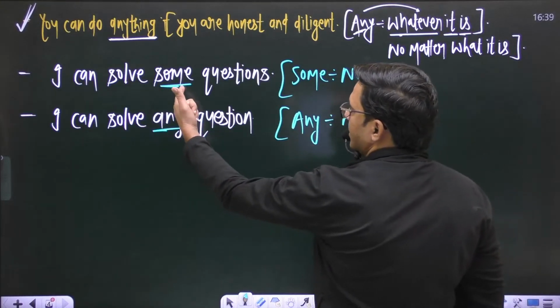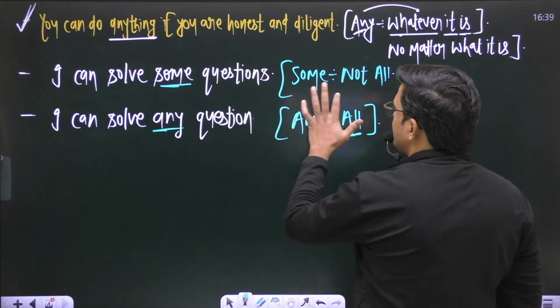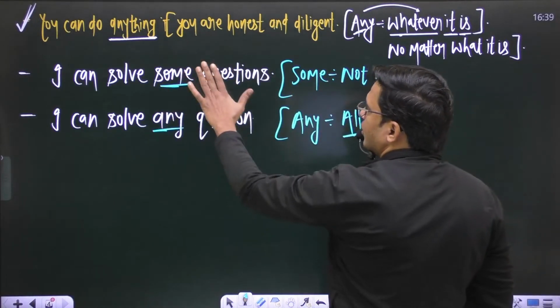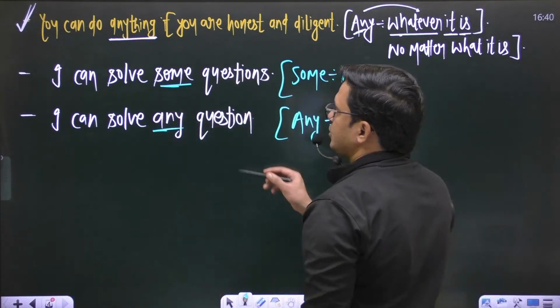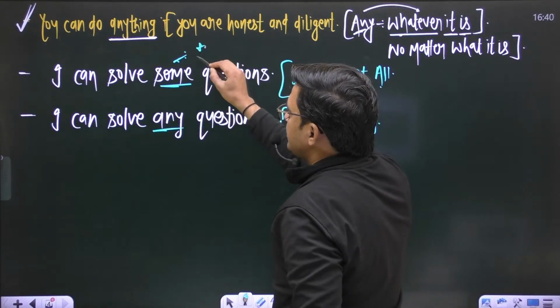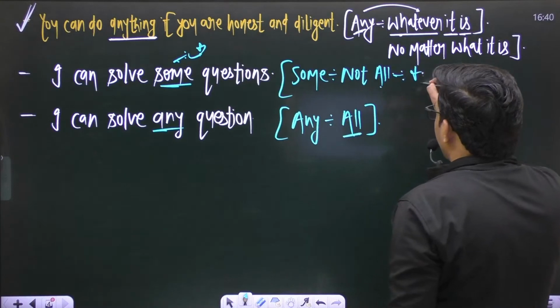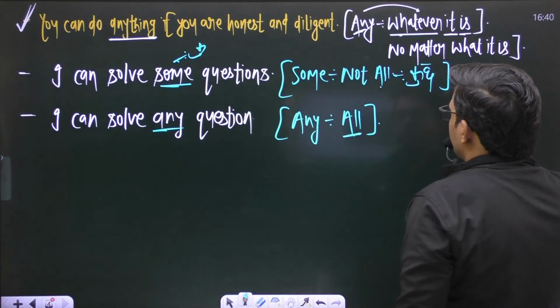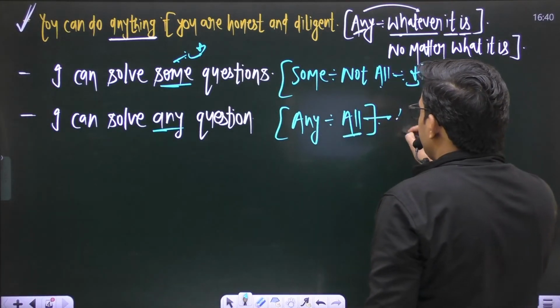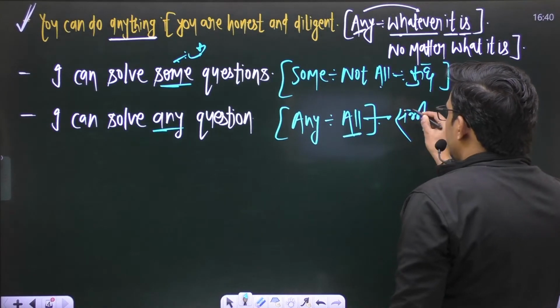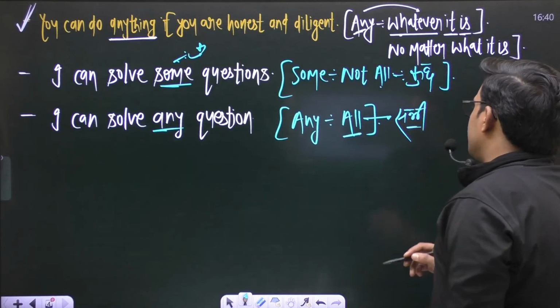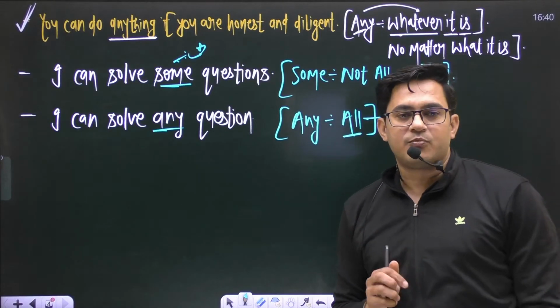I can solve some questions, some means not all. It shows the sense of not all, or you can say kuch. And any shows the sense of all, means sabhi. This is also the difference between the meaning of both the words.